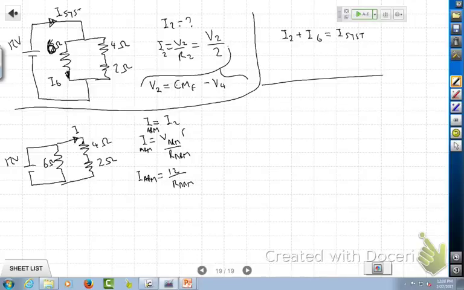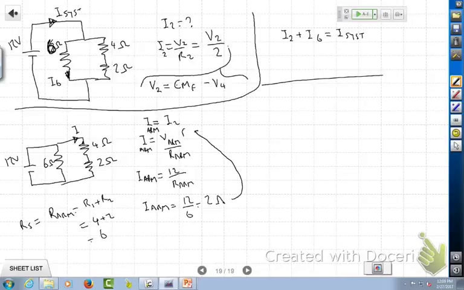And I'm going to be real specific about this. R arm is equal to R1 plus R2, which equals 4 plus 2, which equals 6, because R series is equal to R arm. It's a series combination, yeah? So I arm is equal to 12 over 6, which equals 2 amps.